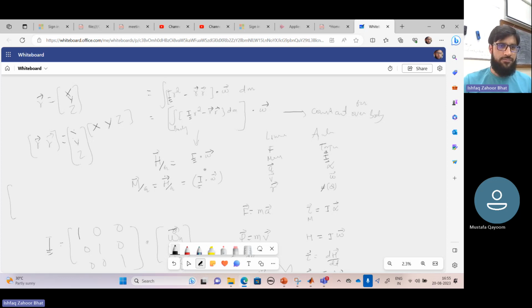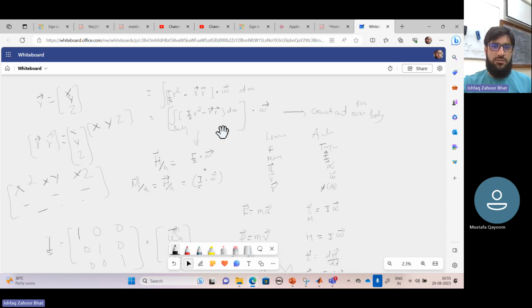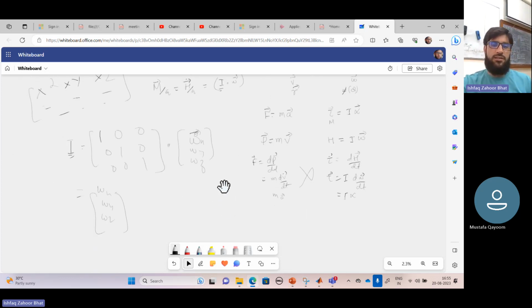You will get X times X is X square, XY, and XZ, and similarly for the rest. So you will get 9 components. For inertia, you will get a 3x3 matrix.